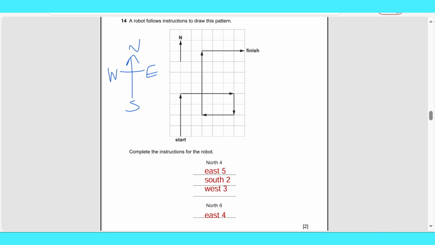So now to the right, meaning going 5 units, 1 2 3 4 5 to the east, and then going down 2 units, down is south 2 units, and to the left is 1 2 3, west, and north 1 2 3 4 5 6, north 6 units, and the last is to the right 1 2 3 4 to the finishing line, that is east.